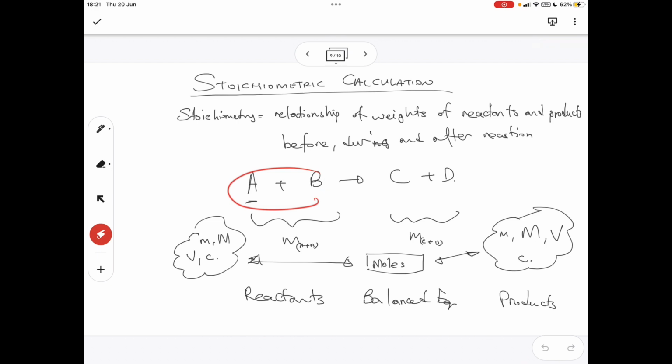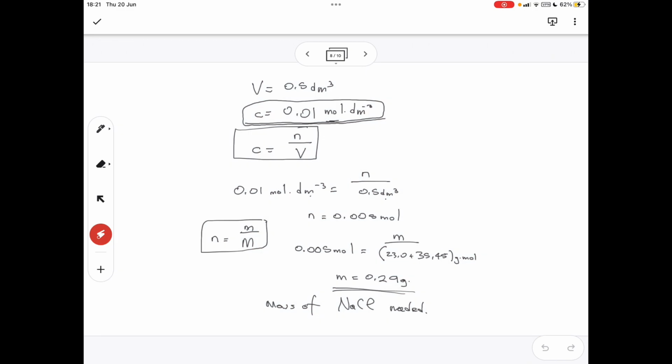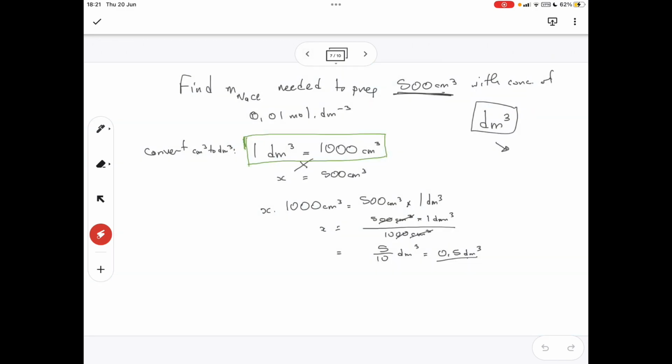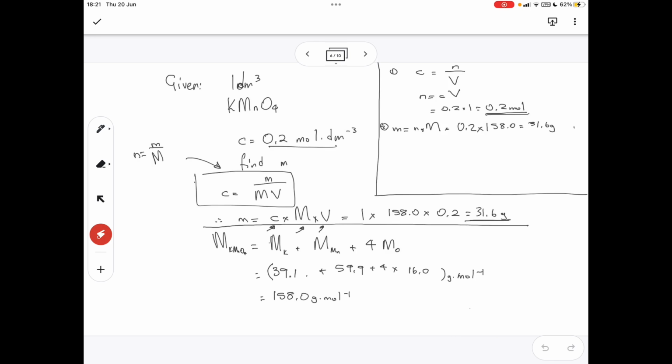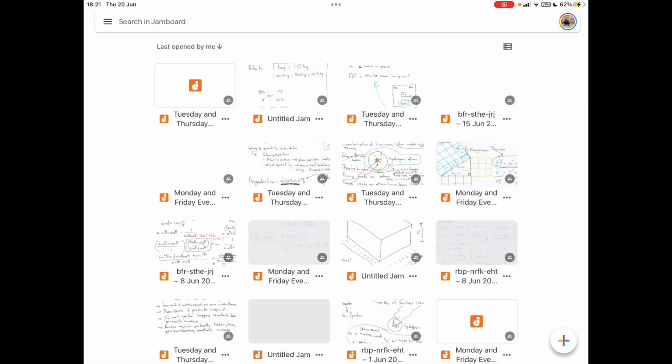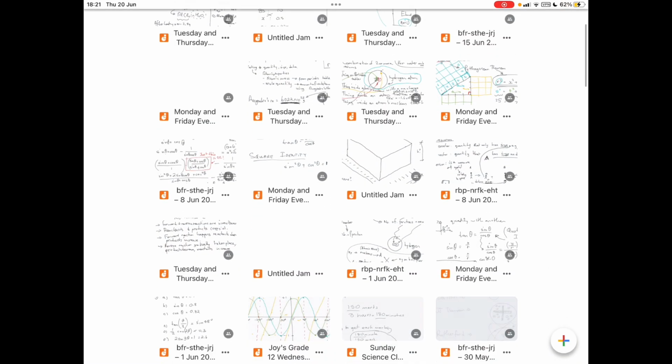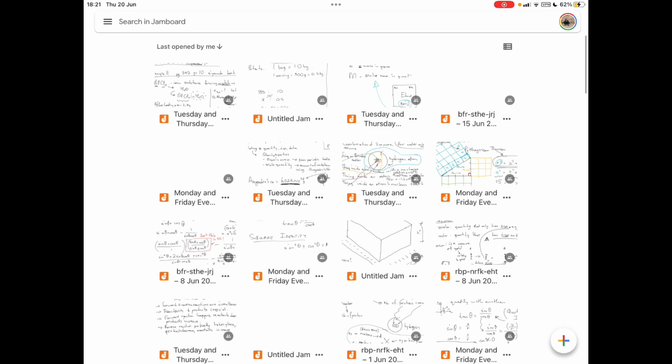So we calculate the masses before, during, and after the reaction. And we still apply the same concepts: concentration, molar mass, number of moles, and mass of substance.